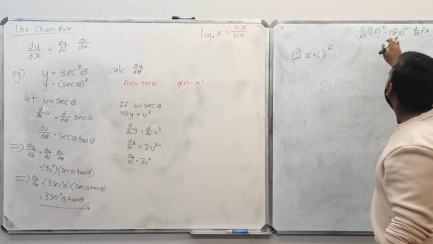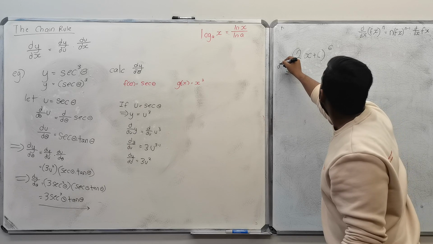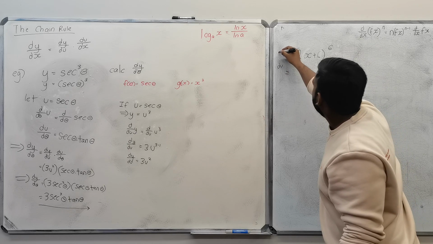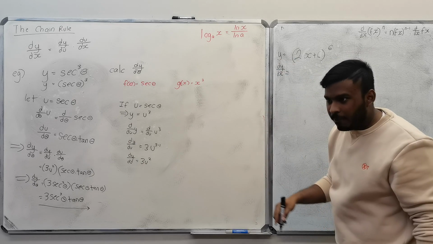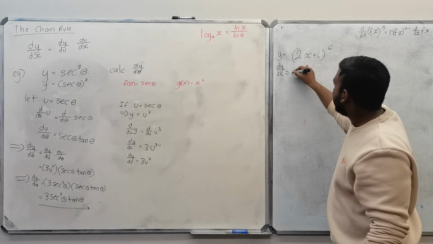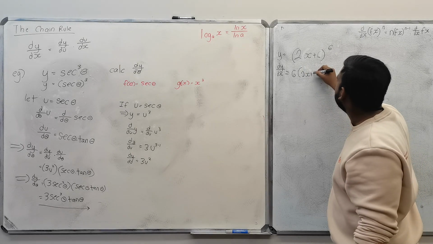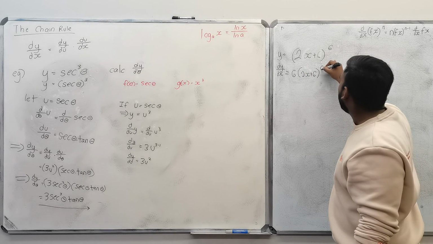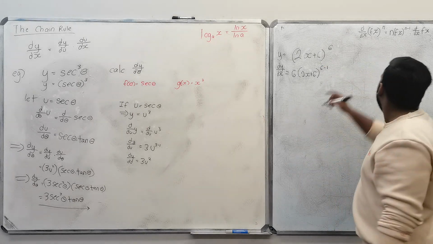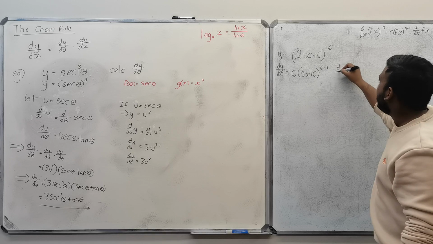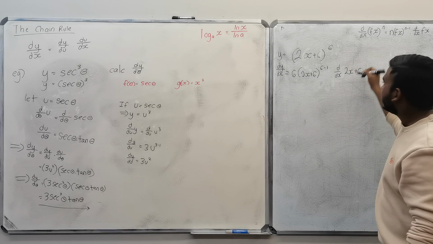So using rule 16, this is y, dy over dx would now become n is 6 times your function 2x plus 6 to the power 6 minus 1 times the derivative of the function, d over dx of 2x plus 6.